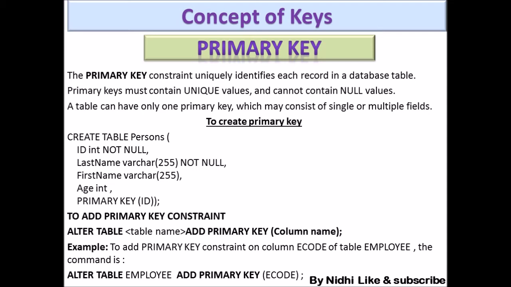Here is another example to add a primary key constraint on an employee code of a table employee. We can write a command like this: alter table employee, add is a keyword, primary key is also a keyword, and employee code is the column name that we want to make the primary key. So like this you can create a primary key also.